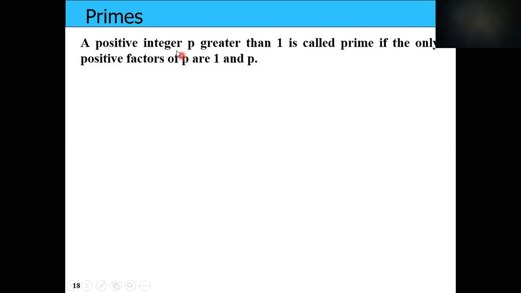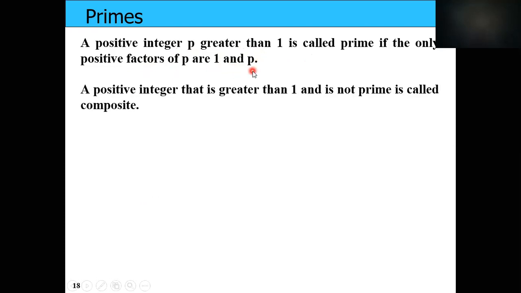So what is a prime? A positive integer p greater than 1 is called prime if and only if the positive factors of p are 1 and p itself. A positive integer that is greater than 1 and not prime is called composite.